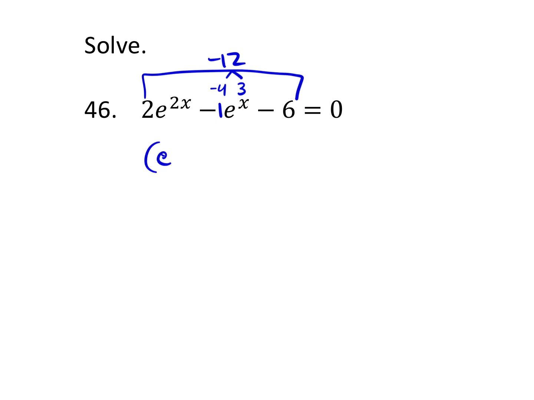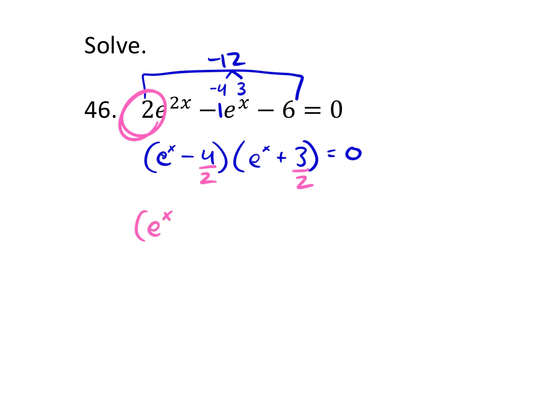So e to the power of x minus 4 and e to the power of x plus 3 equals 0. What do I have to remember to do next? Don't forget to divide by 2. If you start by multiplying the first times the last, you have to remember to divide. People are still forgetting to do that. We've had a question like this on almost every single test where you have to multiply the first times the last to factor. People are still forgetting to divide.